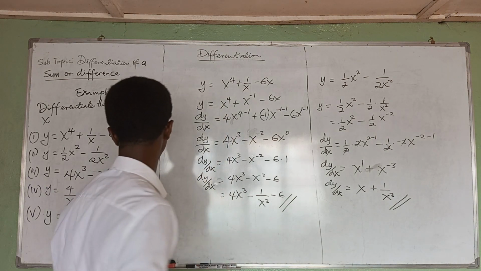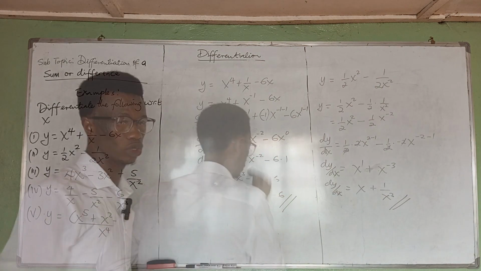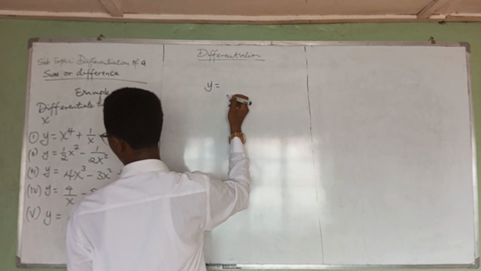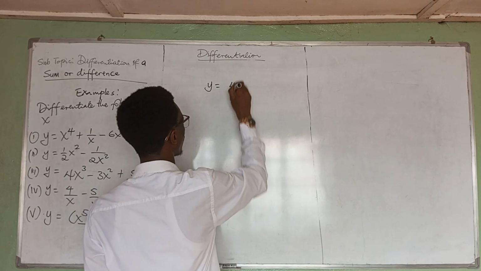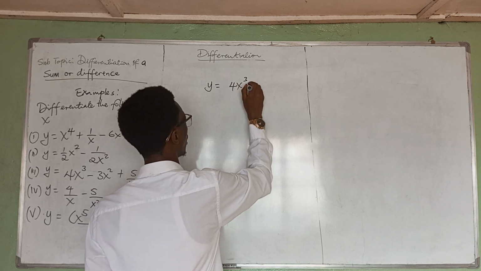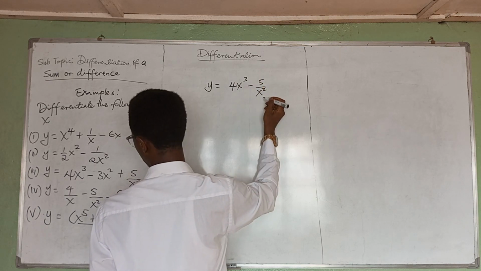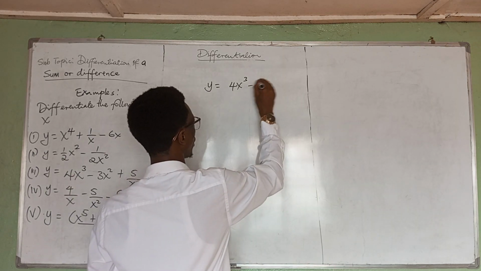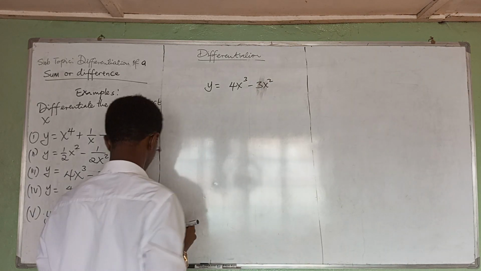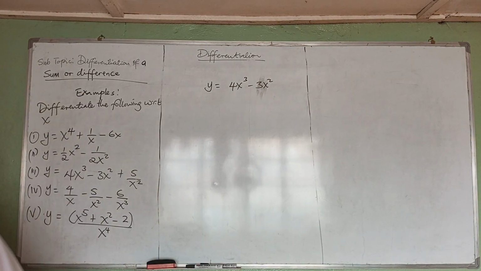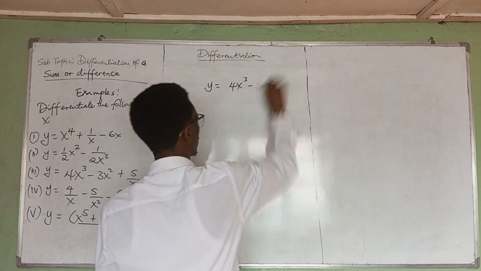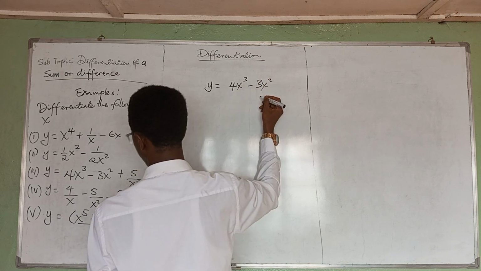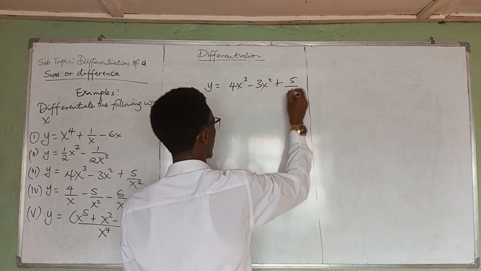So let's look at the next problem. Next question: y equals 4x raised to the power 3 minus 3x squared plus 5 over x squared.